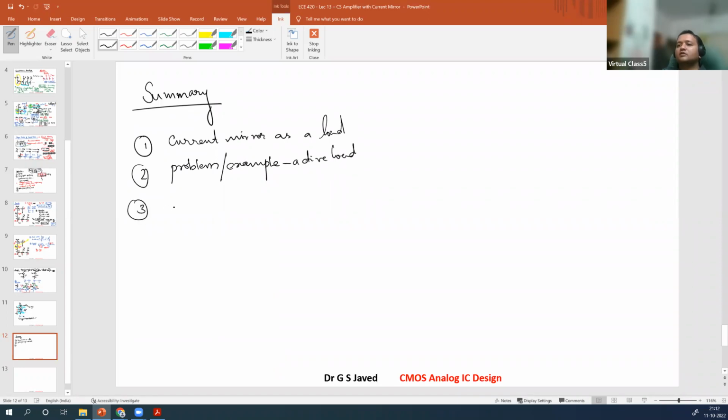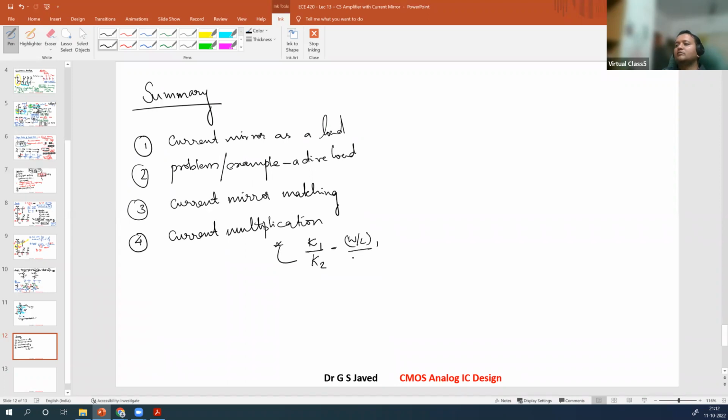Then we saw how to calculate current mirror matching. Then we found out how you can do current steering or current multiplication, and this is achieved using ratios. Ratio of the device versus the source. So K1 will be W by L 1 times W by L 2 times will give you the ratio as I load versus I ref. This is the current multiplication.